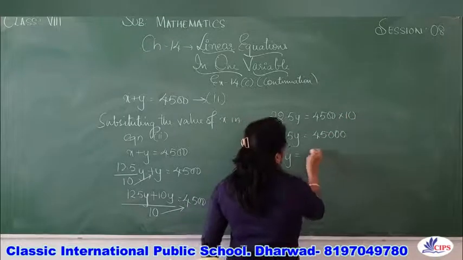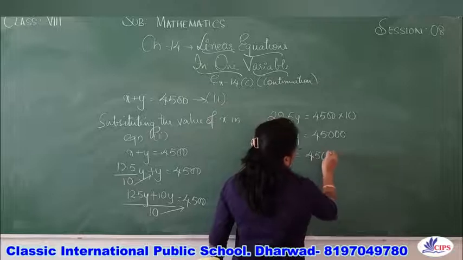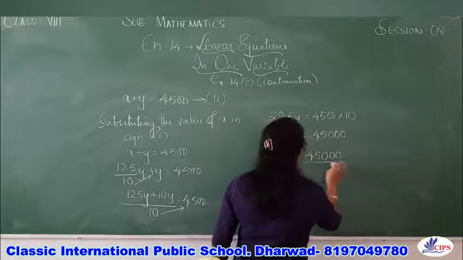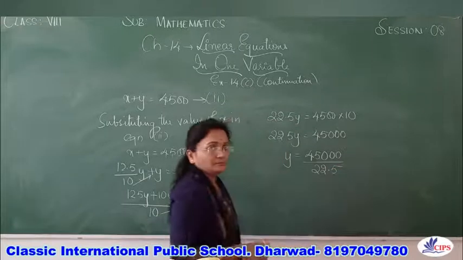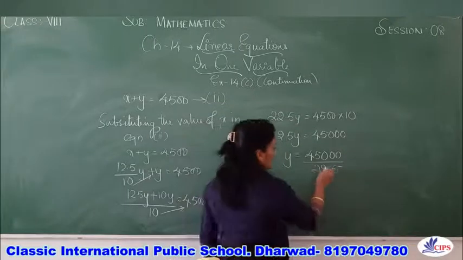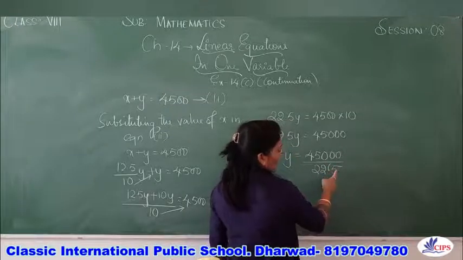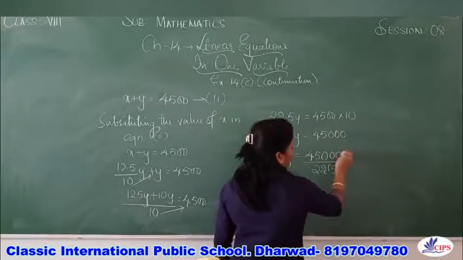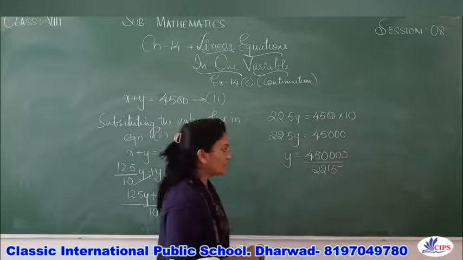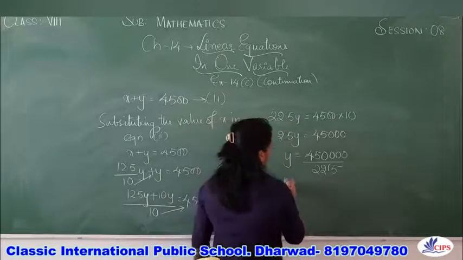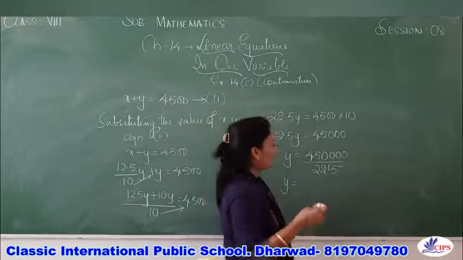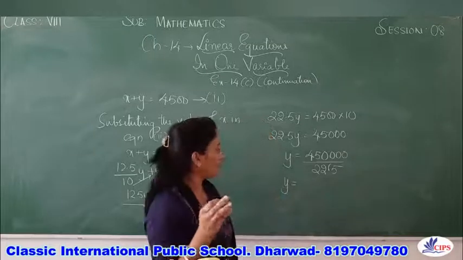So y is equal to 45,000 divided by 22.5. So now I will shift this point. When I shift the point, after the point I have got one number, as this is a whole number, I will add one zero here. Got it? So here y is equal to, as we know, 22.5 is half of 45.